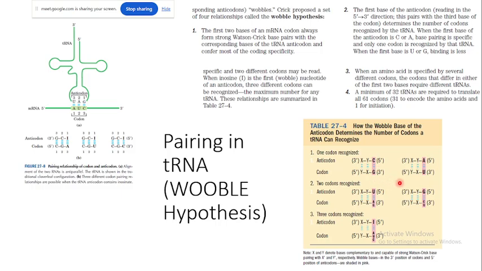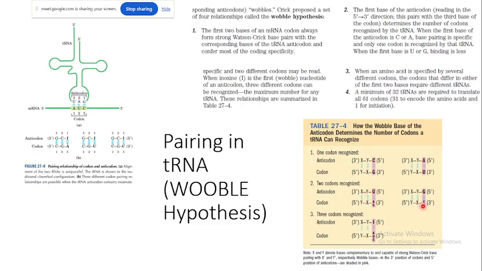So YXC can be recognized by C, and YXU can be recognized by XYA, so both of them will have different tRNAs. But here, in the codons, the first two are the same, and if there is A and G, YXA and YXG, the first two positions are the same and only the third position is different, then it requires only one tRNA, because A and G can be detected by the tRNA which has U in the wobble position.